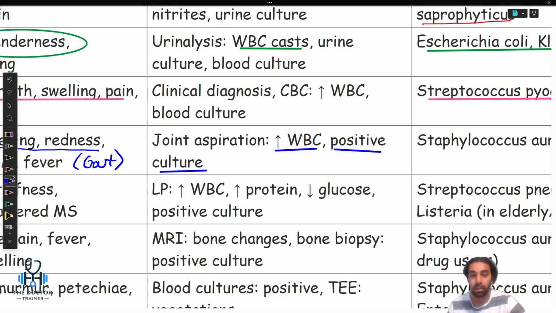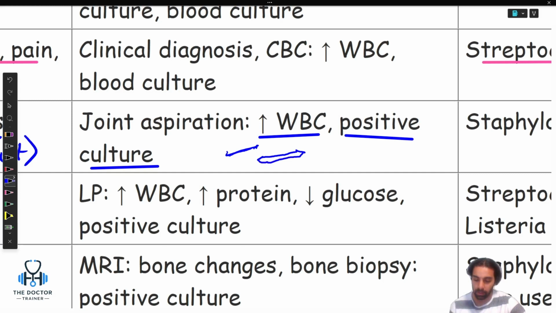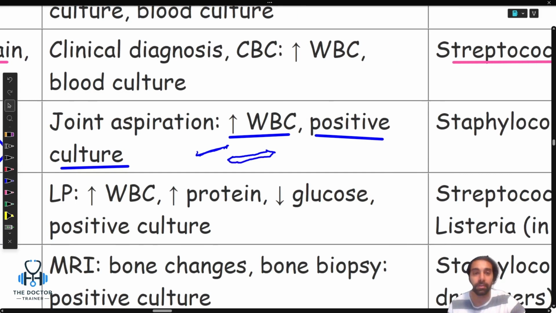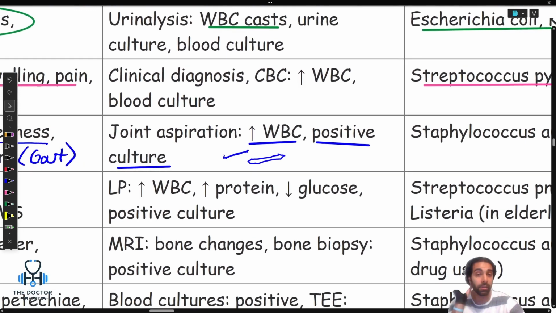If there are needle-shaped crystals, and they're usually looking like this, sorry, zoom in a little bit, so they have this needle shape, and they'll say something like negatively birefringent crystals. But if they're needle shaped, then you're good. This is probably gout.